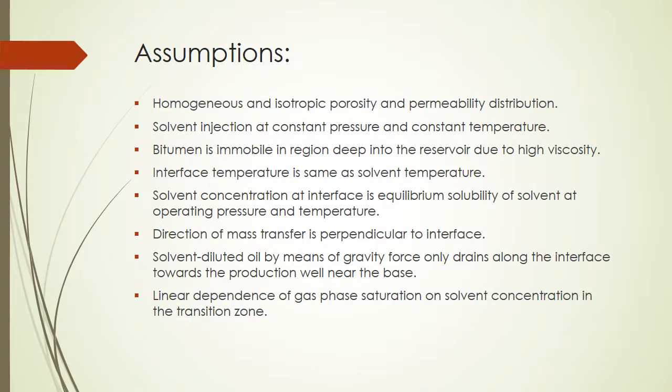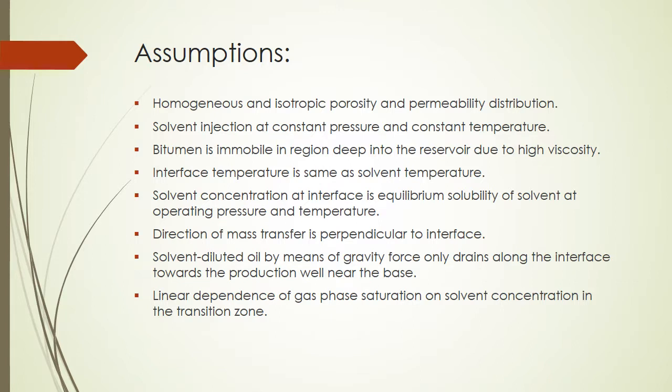Here are the assumptions. We are assuming homogeneous and isotropic porosity and permeability distribution, which means porosity and permeability will be uniform throughout our matrix. Solvent is injected at constant pressure and temperature. Due to its high viscosity, bitumen is considered immobile deep in the reservoir.